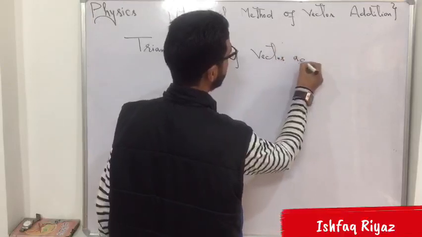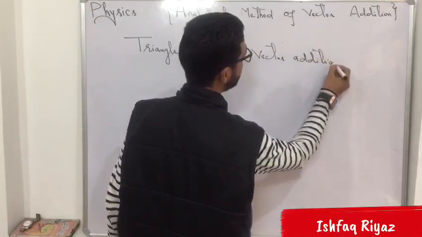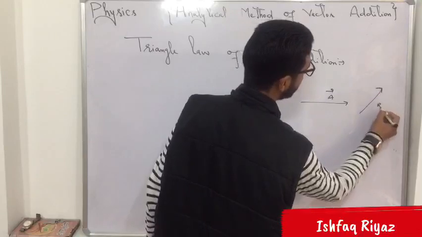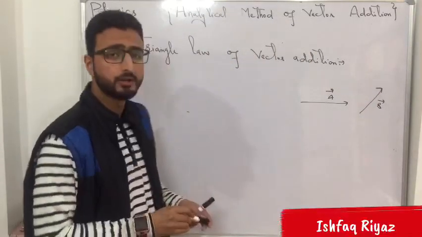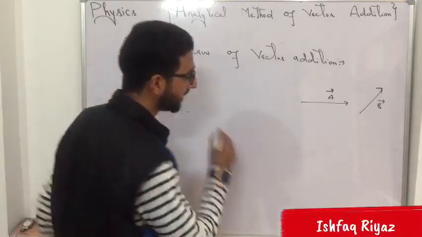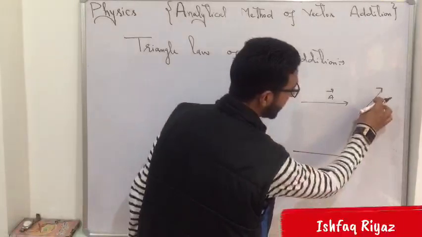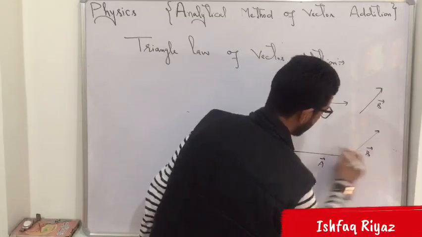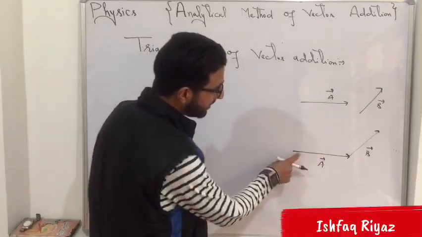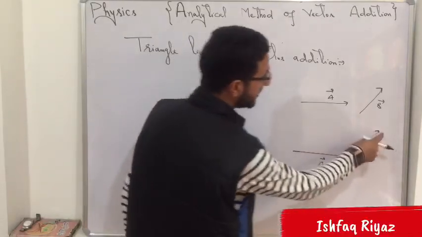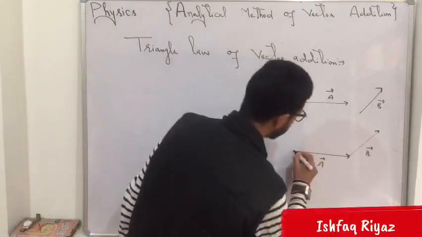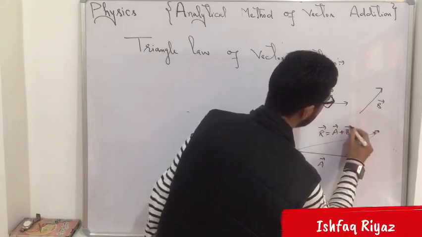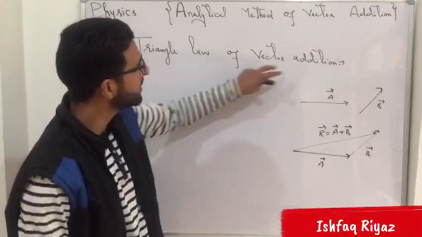Now, as per the statement of this very law, suppose this is vector A, and suppose this is vector B. As per the geometrical method, you already know how to find the magnitude and direction of the resultant vector R. Coincide the tail of vector B with the head of vector A. Then the single vector drawn from the tail of the first vector, here vector A, to the head of the last vector, here vector B, gives the magnitude and direction of the resultant vector R.